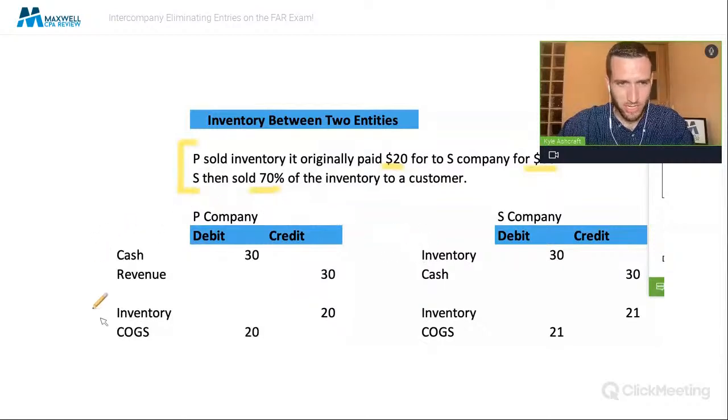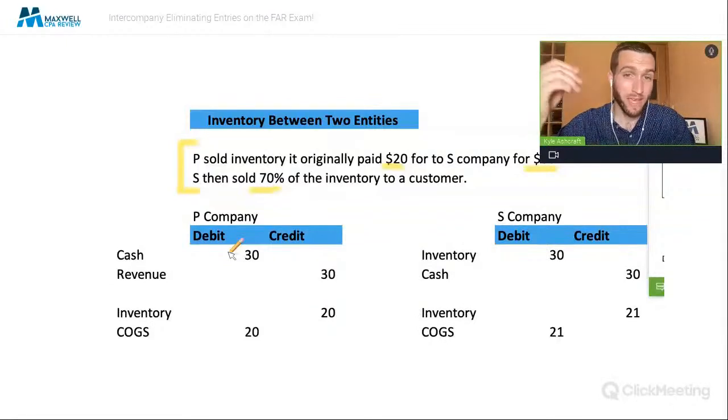So if you're noticing a trend here, it's that I write out the journal entry for both the parent company and the subsidiary company. This is something that's going to totally save you on these practice questions. Anytime you have eliminating entries, you want to write out the parent's full journal entry and then the subsidiary's full journal entry. So my first question is, what's happening with this parent company?